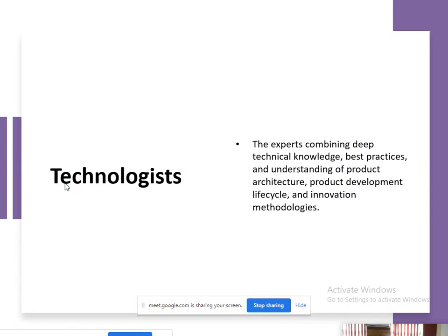And technologies, definitely technologies, we must have these strategies. Then product experts, technologists, who will see the technical part, who will implement the new technical things, what is now trending, and they will use the new technical things to implement the innovation projects.